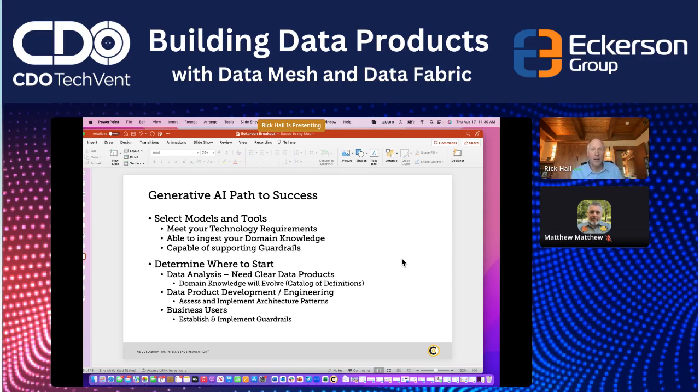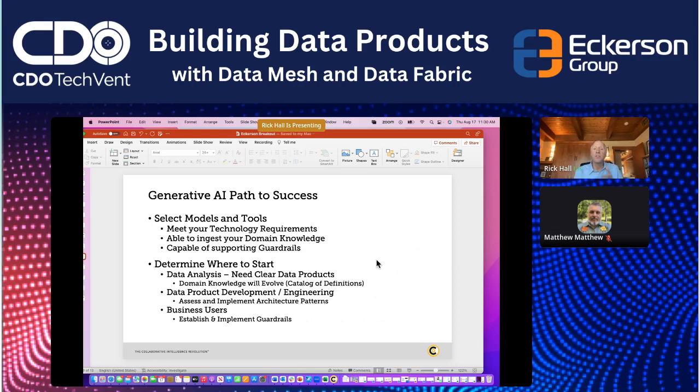Those need to be decided. If you're going to be successful, you're going to have to be able to ingest this domain knowledge, right? If you can ingest your business rules, the ability to ask a question is going to be restricted. And you need to have guardrails so that the engine doesn't provide the wrong answers to the wrong questions.